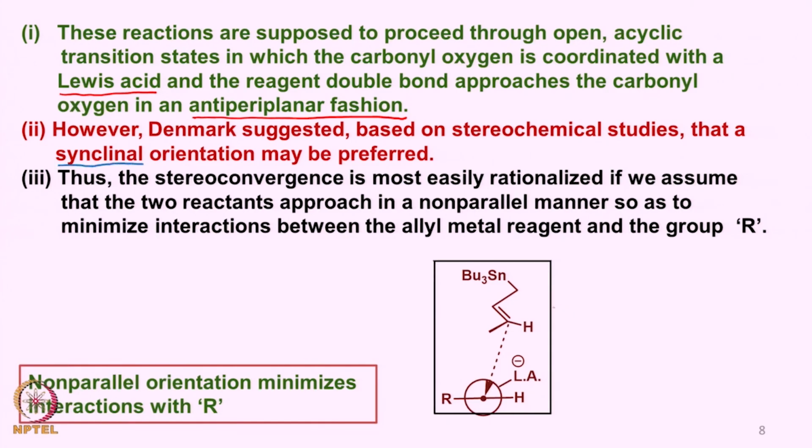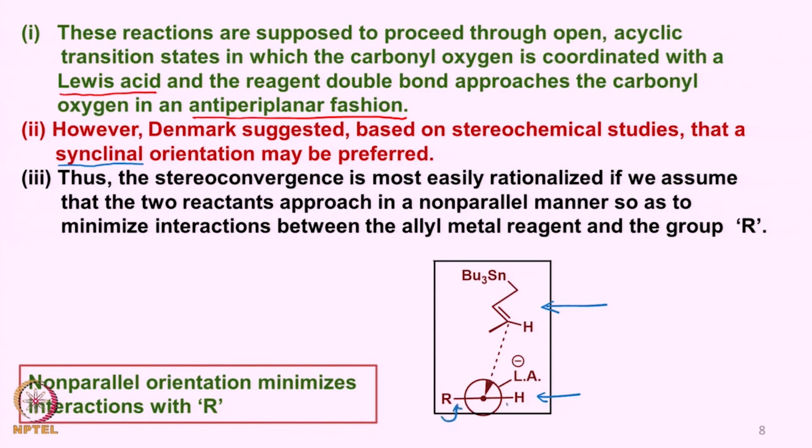So, for example, as it is shown here. Basically what is happening is that when the aldehyde is oriented in this way that we have shown as a Newman projection type of orientation, the carbon oxygen double bond is going backside, because R and H are here.